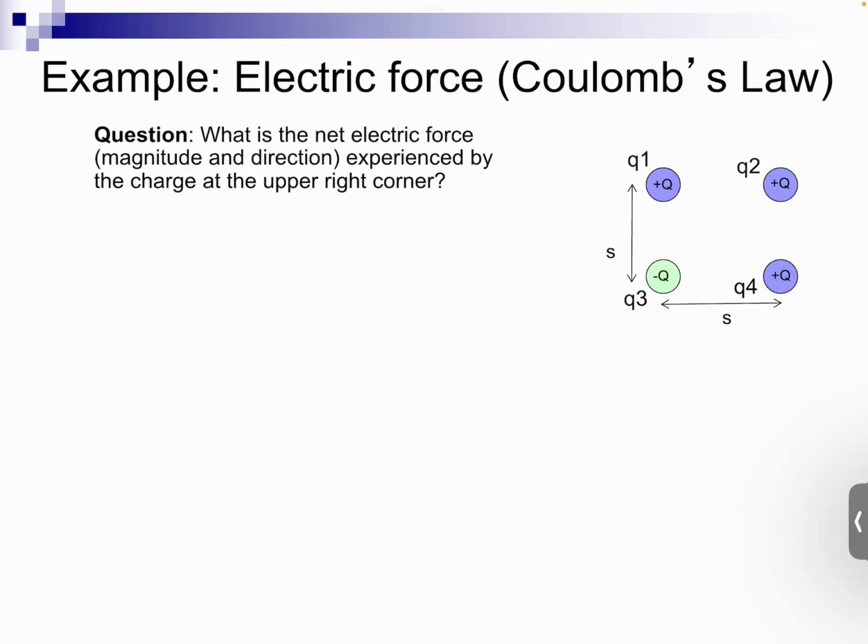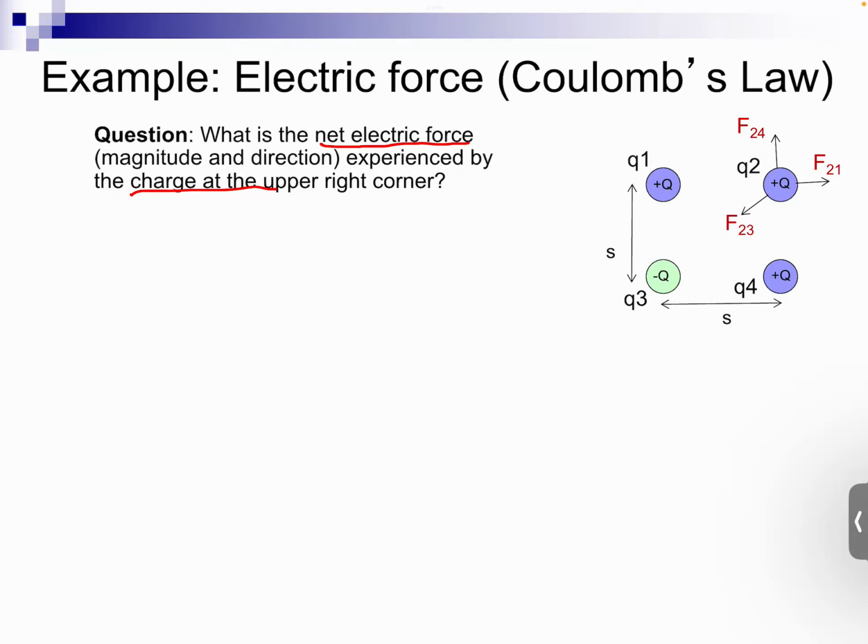But we left the lecture yesterday looking at an example where multiple charges are present and we want to find the force experienced by one charge because of the presence of the other charges. So let's look at how to solve this example, where you have 4 charges, 3 of which are positive and 1 is negative, and we want to find the net force experienced by charge Q2, the one at the upper right corner.